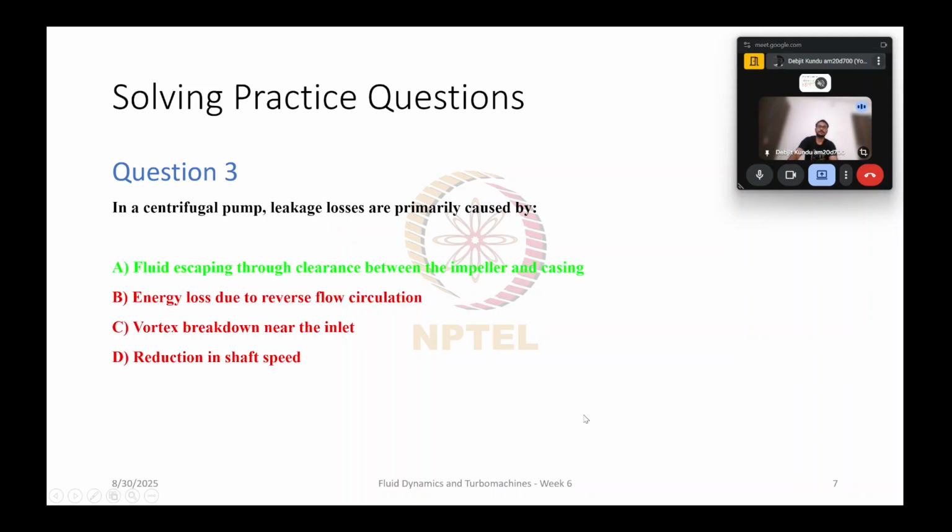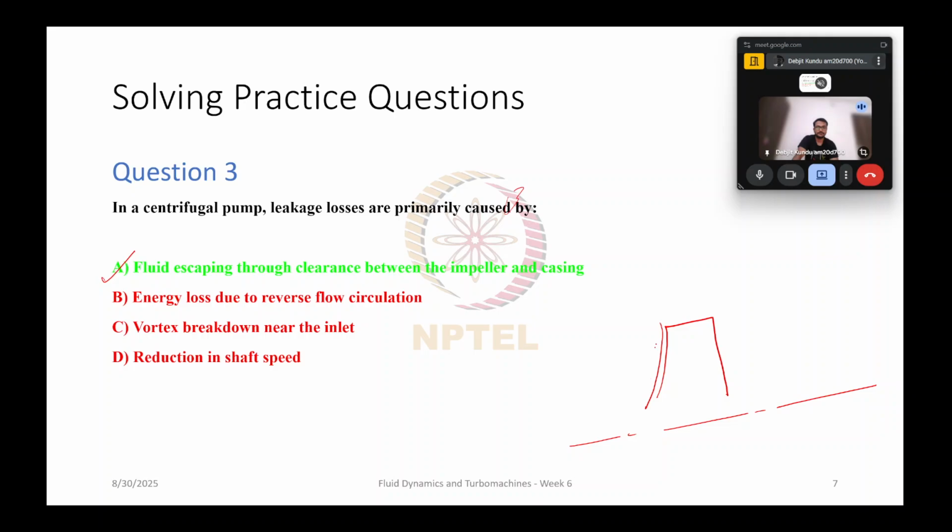It's actually option A. It's due to the fluid escaping through the clearance between the impeller and the casing. So basically, any rotating part, for example, let's say the blade of a turbine, cannot be completely in contact with its casing, right?